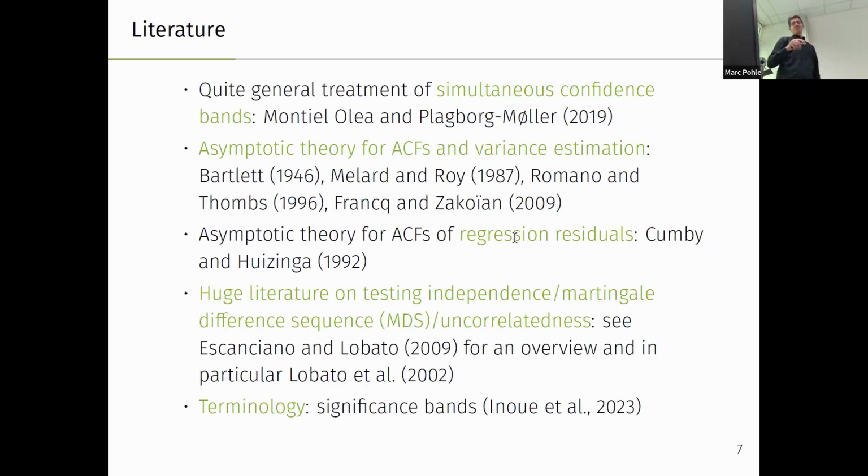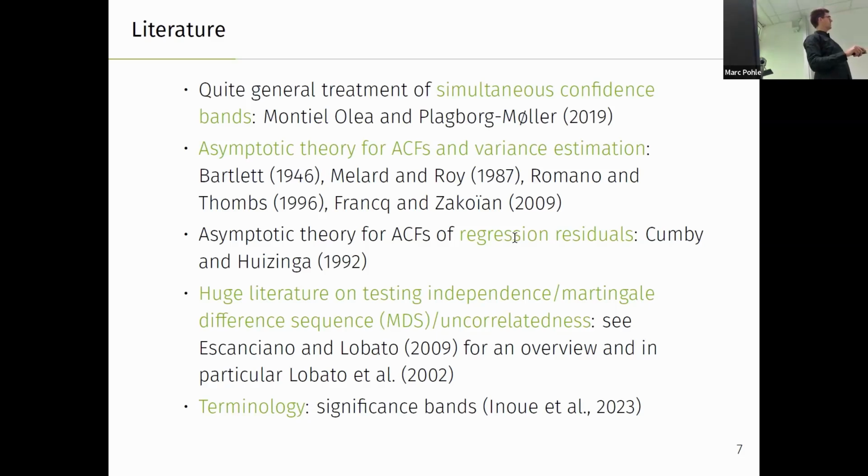The largest literature in this field is certainly the literature on testing independence. The buzzword here is Box-Pierce tests, on testing temporal independence or the weaker hypothesis of a martingale difference sequence or temporal uncorrelatedness. There's a huge literature on that, and you can refer to this paper for an overview.